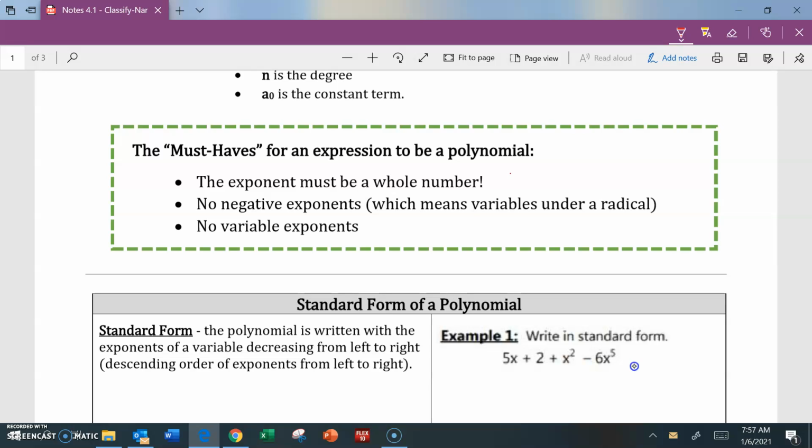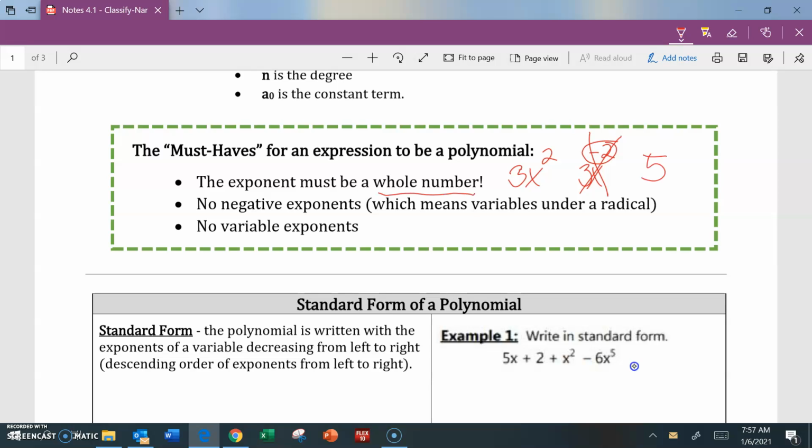So for instance, if we have the monomial 3x to the second, that's fine. But if you have 3x to the negative second, -2 is not a whole number. So this expression is not a monomial, aka a part of a polynomial. So that's what it talks about when it says a whole number, okay?